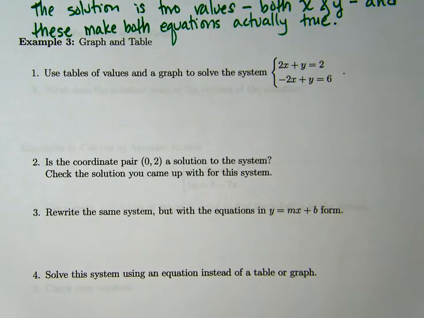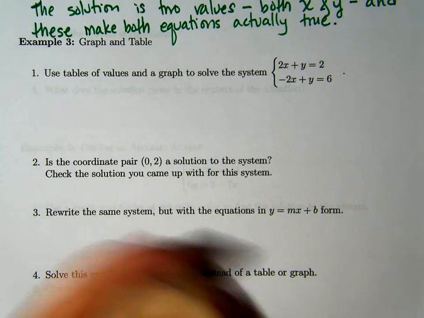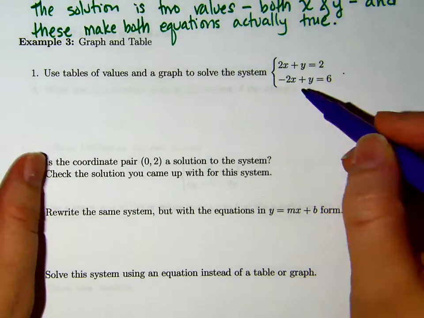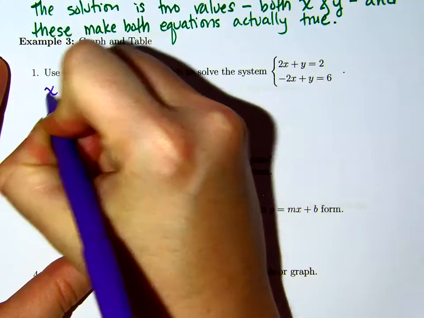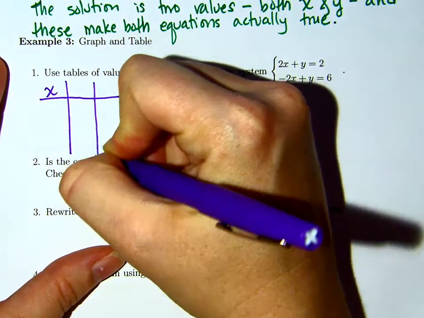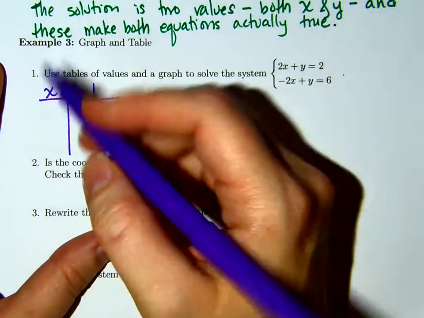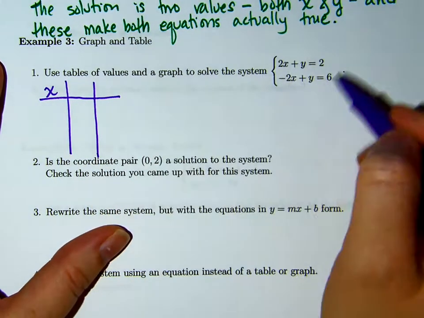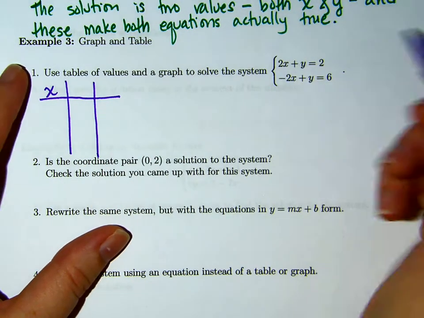Okay, let's take a peek at example 3, which says use tables of values and a graph to solve this system. Okay, so I'm going to condense this table of values instead of making two separate ones for these two different lines.